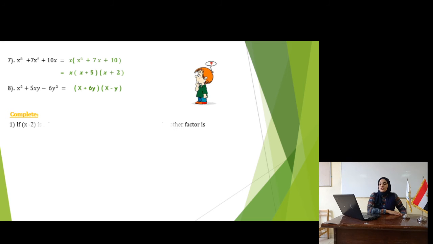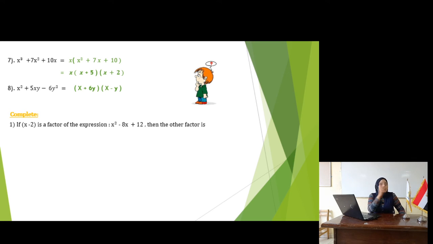If x minus 2 is a factor of the expression x power 2 minus 8x plus 12, then the other factor is what? At the beginning, you must know the meaning of the exercise. I'm searching for the factors of the expression x power 2 minus 8x plus 12. That needs you to factorize the trinomial expression into two factors.